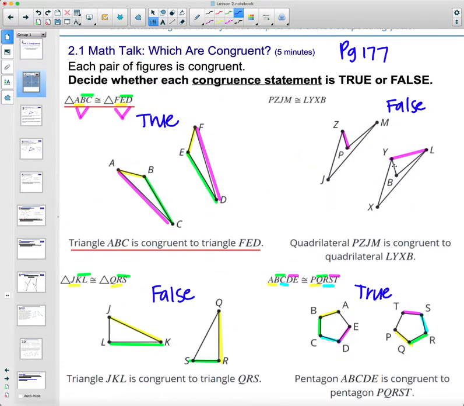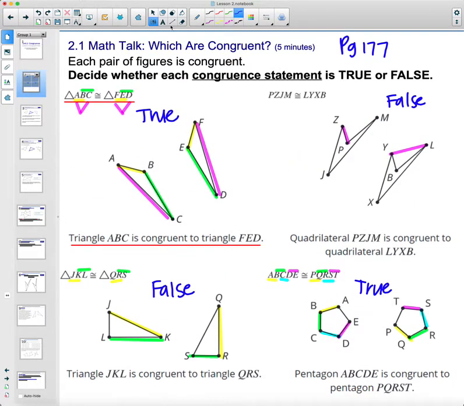It's important that even though all of these figures appear to be congruent, and actually, if you took tracing paper, they are all congruent. This triangle is congruent to this one. This quadrilateral is congruent to this one. Triangle to triangle, pentagon to pentagon. So it's the order of the letters that matters.